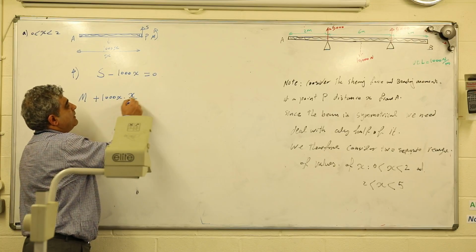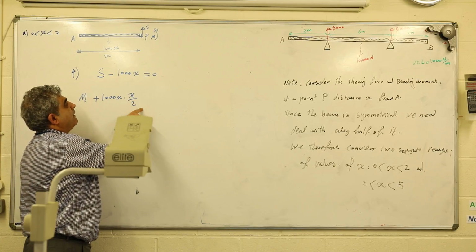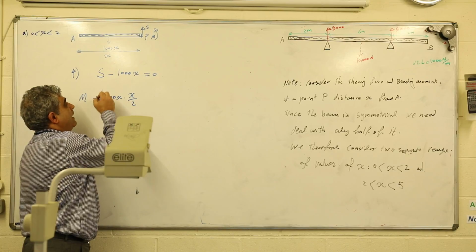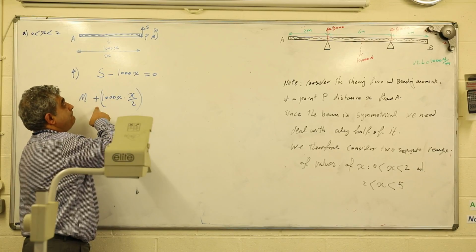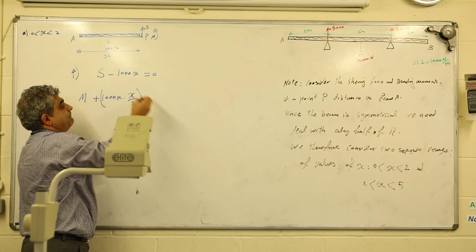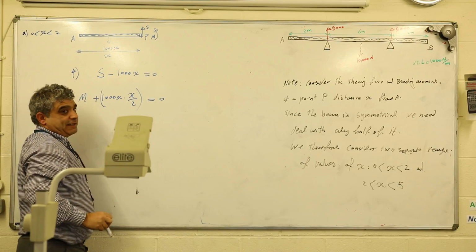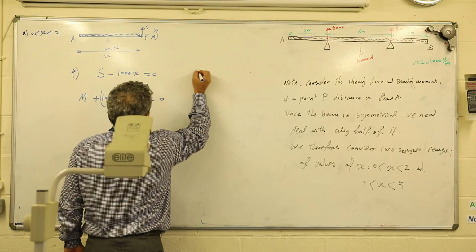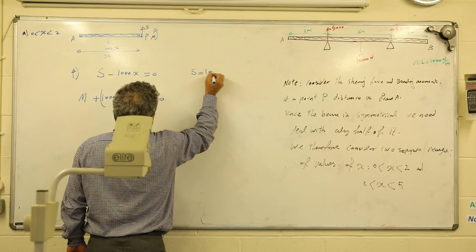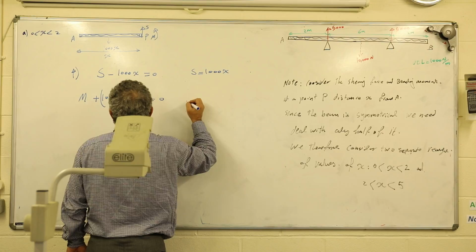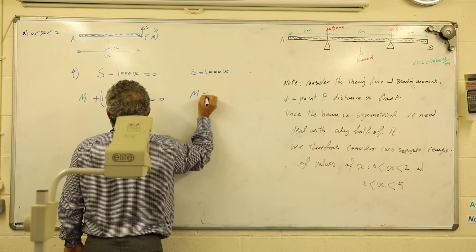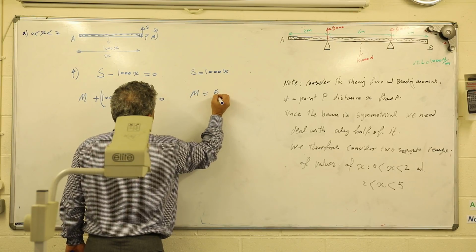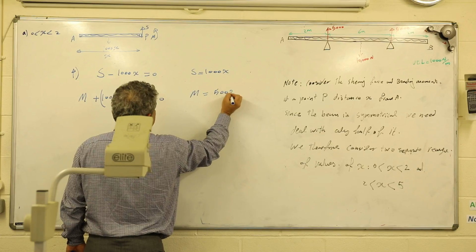So this times that, and I make it positive as well. There is no force there. Let's make life nice: S is equal to 1,000x, and M is equal to minus 500x squared.